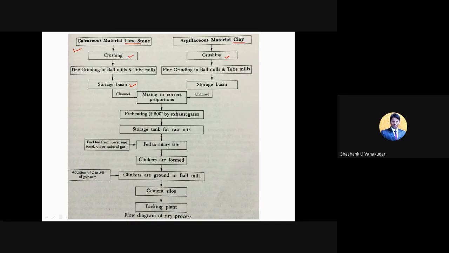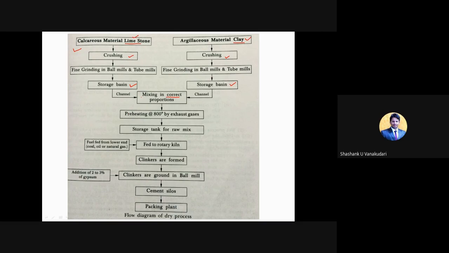And here also the fine grinding in the ball mills forms it into powder form, right? Through a proper channel it is sent to a proper chamber where it is added in the proper proportions. The required proportions of both limestone and clay are mixed and sent to the four-stage preheating.